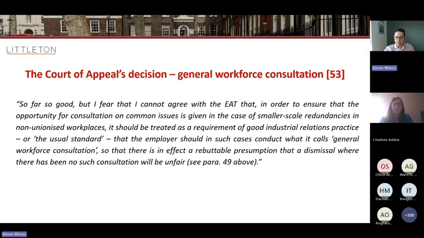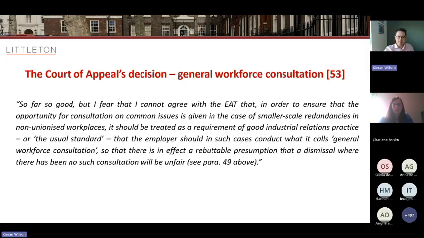It said that consultation on the common or group issues doesn't have to happen through a form of general workforce consultation, and there is no rebuttable presumption of unfairness where that doesn't happen. And Lord Justice Underhill gave two main reasons for reaching that conclusion.